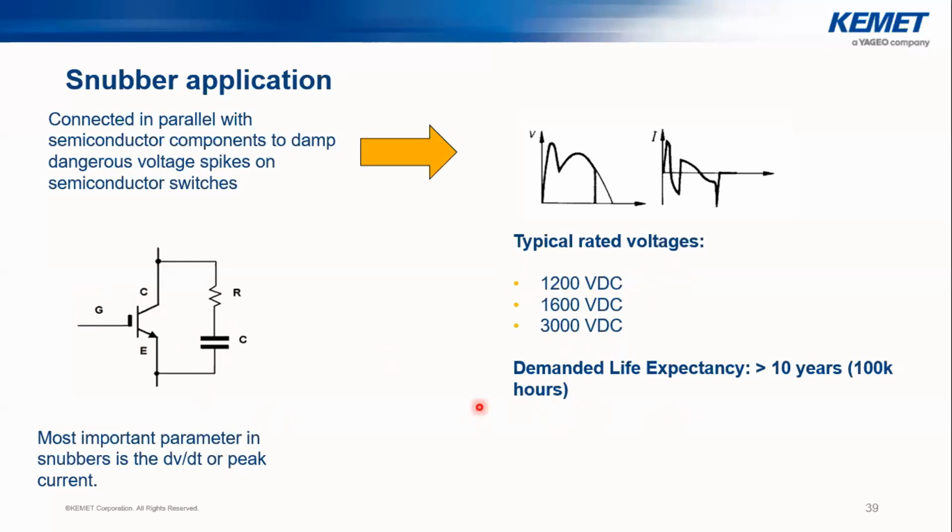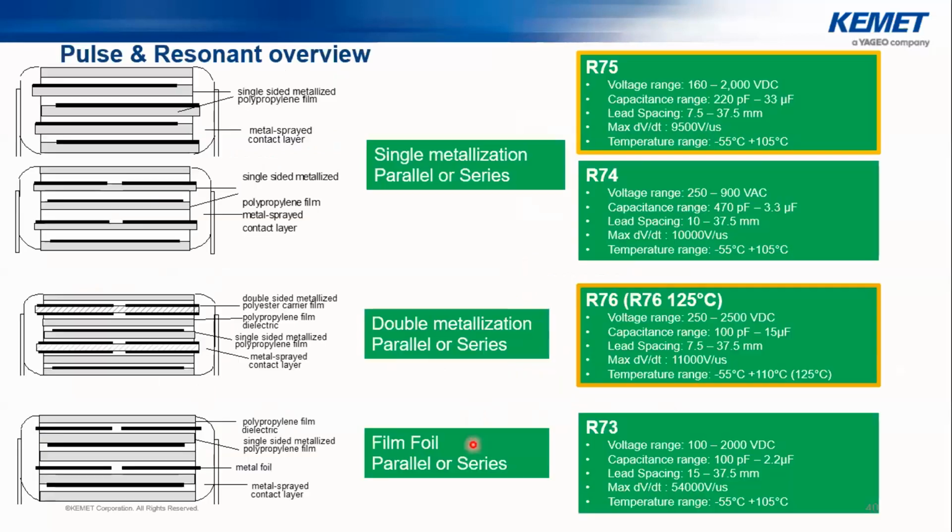The most important parameter here is the high dV over dt, or the peak current. So for this, we also have a special design for pulse and resonance. Because of that, we don't suggest that you just pick up any capacitor. It is so important to go for the special capacitor designed for this pulse and resonance application.